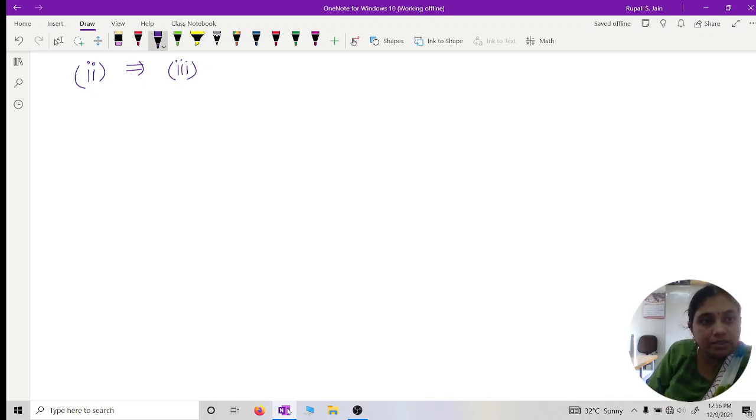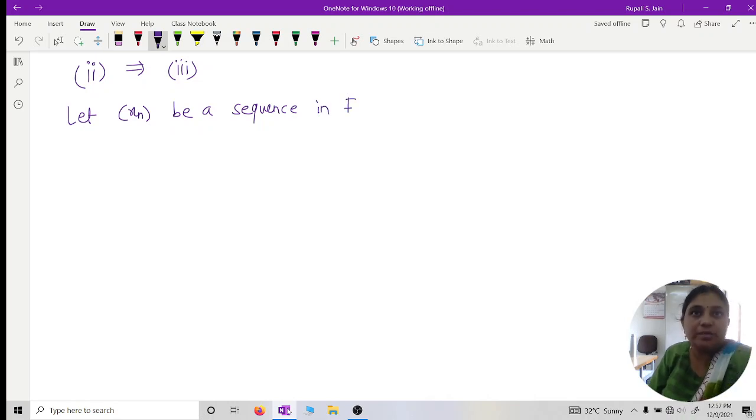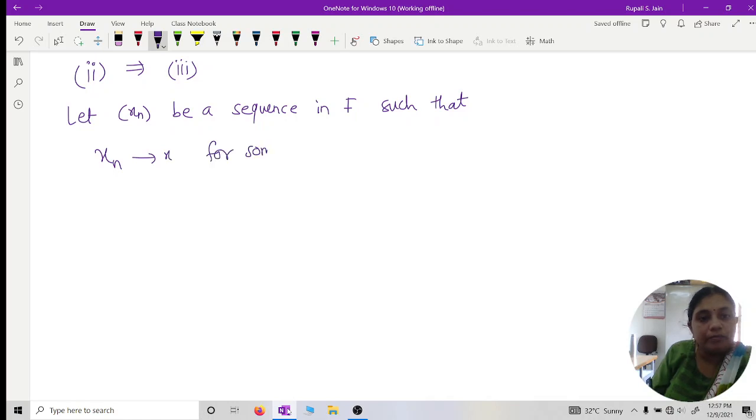Let x_n be a sequence in F such that x_n converges to x for some x in M. I want to show now x belongs to F.